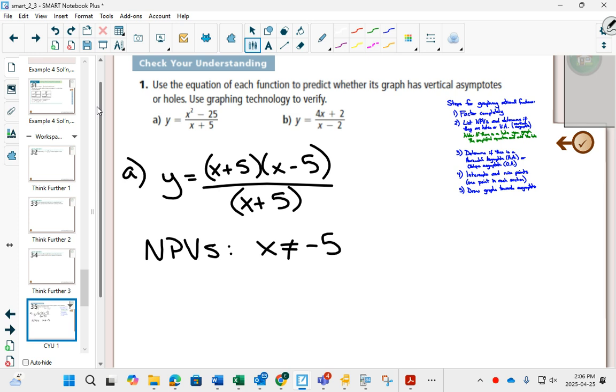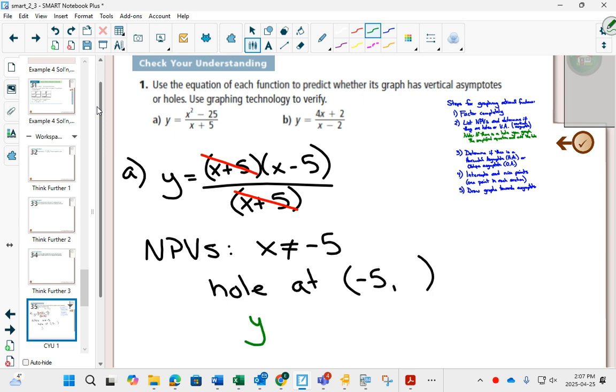And will it be a hole, or will it be a vertical asymptote? Does the x plus 5 simplify? Yes. So that means we are going to have a hole at negative 5 comma something.